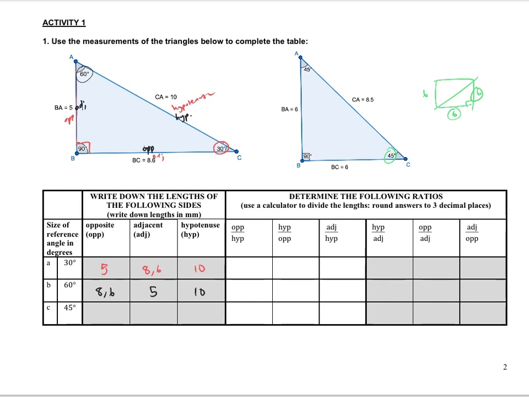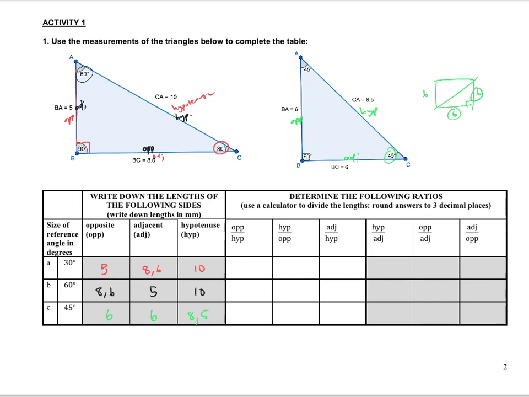So for 45 degrees, it doesn't matter which one you look at. If you look at this angle, that will be my adjacent and that will be my opposite, and that's my hypotenuse. My adjacent will be 6, my opposite will be 6, and my hypotenuse will be 8.5.